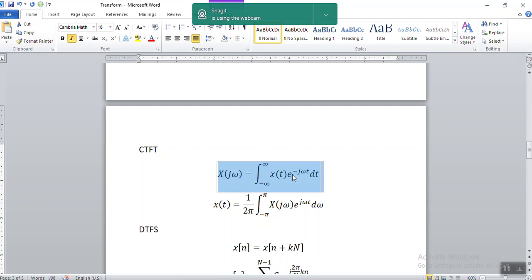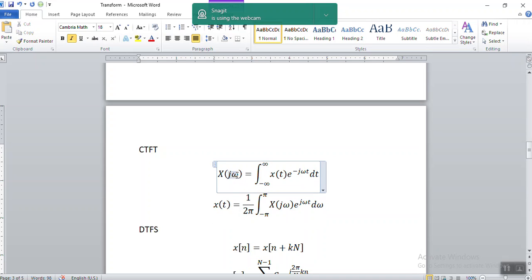I hope it is clear why we do this Fourier transform: to get the hidden information, the frequency domain information which was hidden in the time domain. Once you do this, you will get the frequency domain information. This is also an integral transform in terms of mathematics.